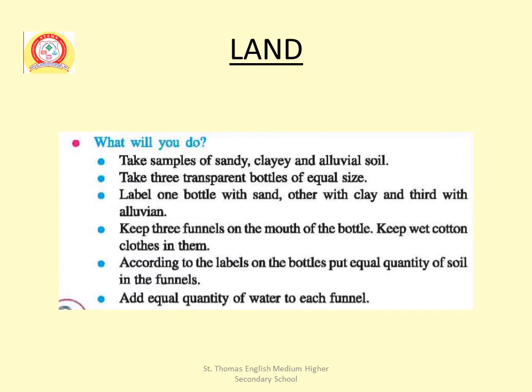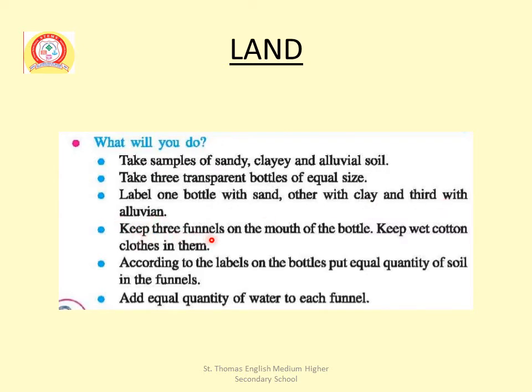So now what will you do for the activity. First, take samples of sandy, clayey and alluvial soil. You have seen in the previous slide. Take 3 transparent bottles of equal size. That also you have seen. Label one bottle with sand, other with clay and third with alluvial.